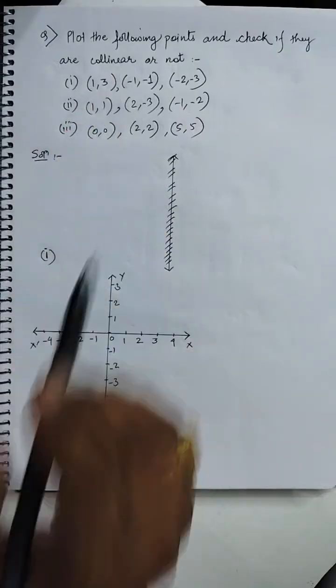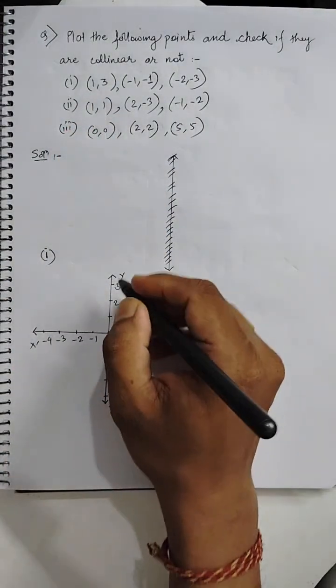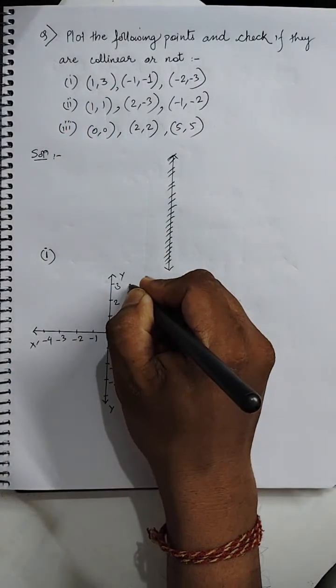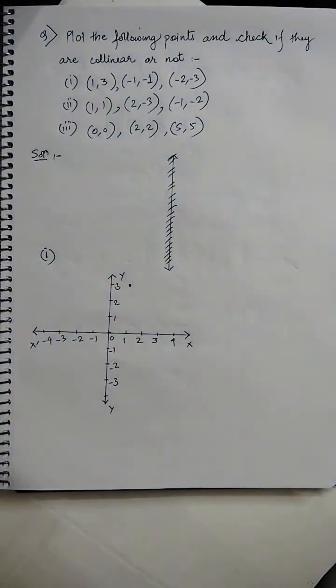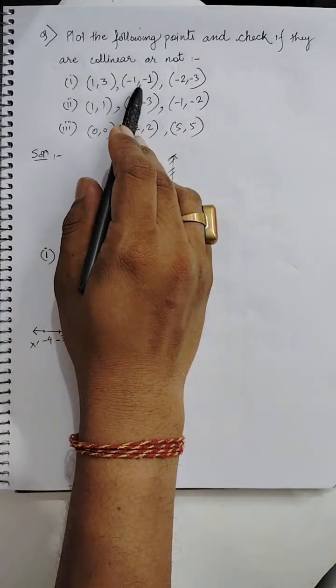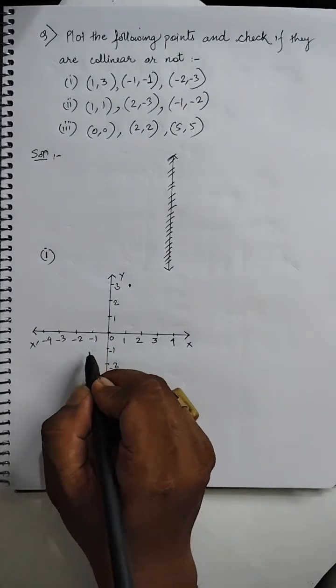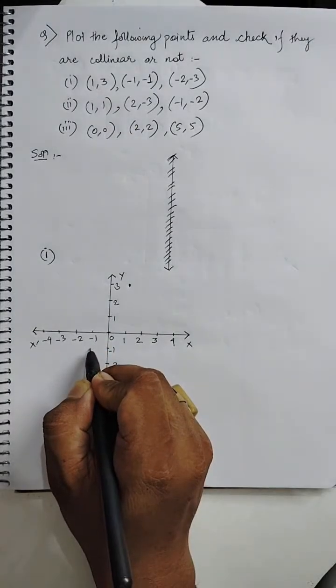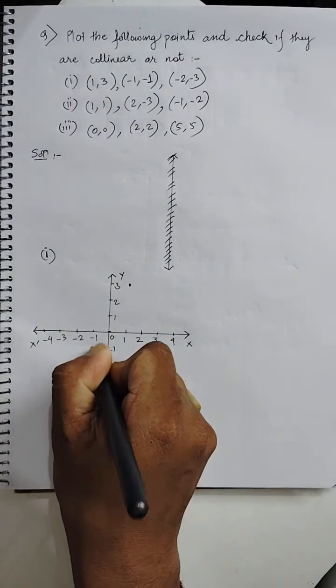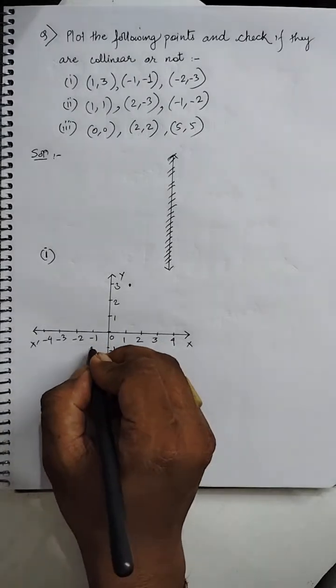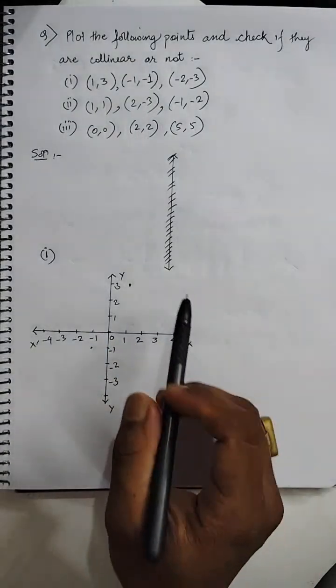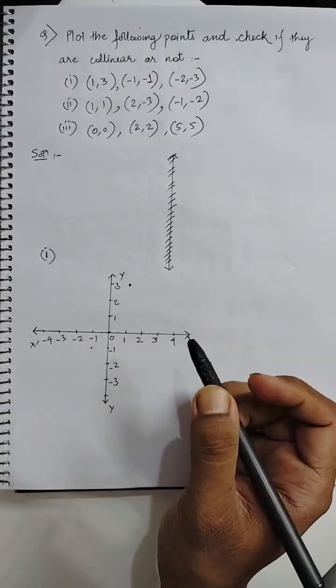We have 1 and 3. So this is 1 and 3. This will lie somewhere here. Then we have -1 and -1. So this will lie on the third quadrant, somewhere here. And we have -2 and -3.